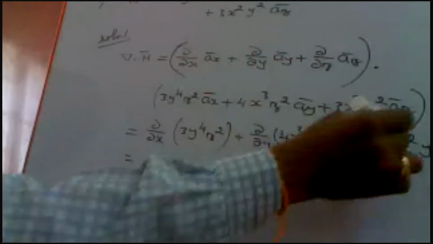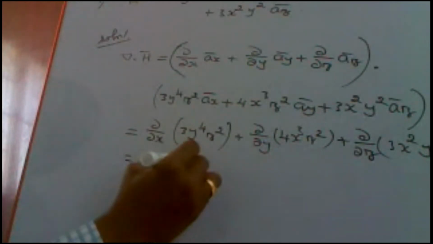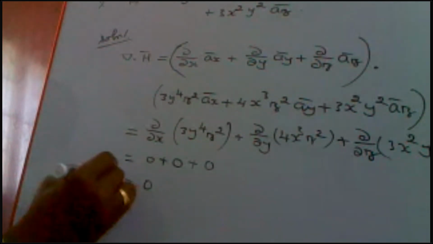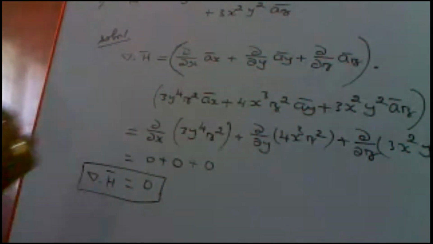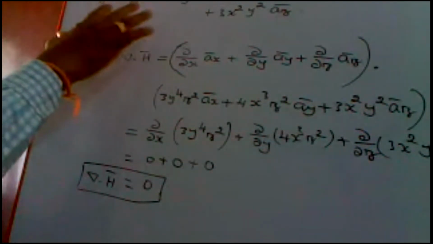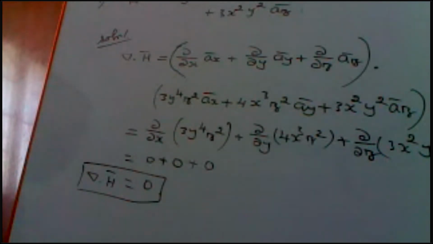It is again 0, because with respect to y, if we differentiate, there is no y term. In the same way, here it is again 0. So 0 plus 0 plus 0 is 0. So del dot H equal to 0, what does it mean? The given vector is solenoidal. Is it okay? Do you understand what we have?